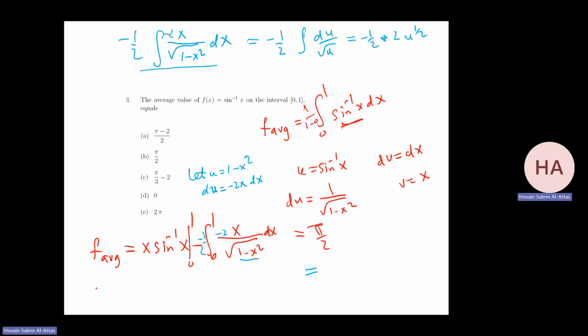So I need minus 2, and I need minus half outside. So that will be minus half du over square root of u. So I have u to the power minus half. I add 1, that will be 2 times u to the power half. So I have minus u to the power half, plus c. That will be this integral.